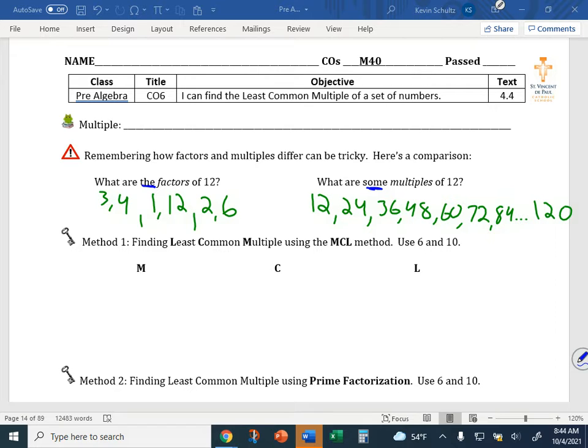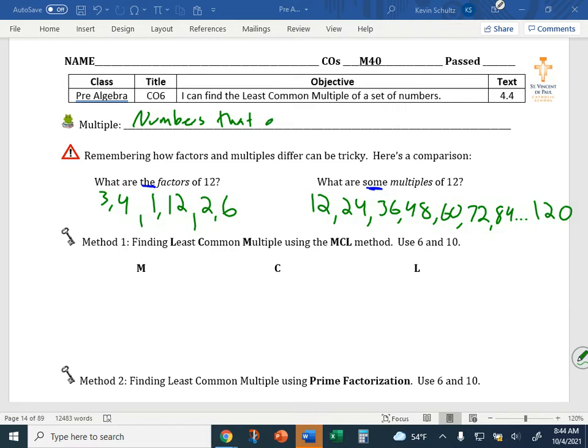Okay? So a multiple is, how do we want to define that? Usually I just throw up the definition for you, but I want to see what you have to say for this one. How would you define a multiple? All right. Multiple.